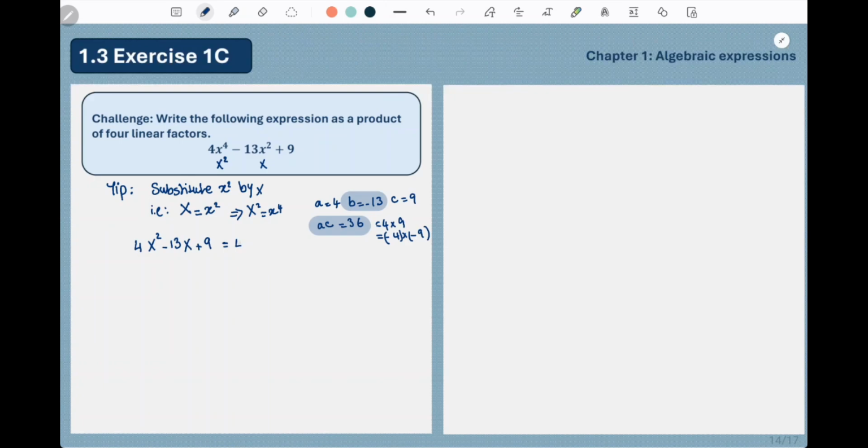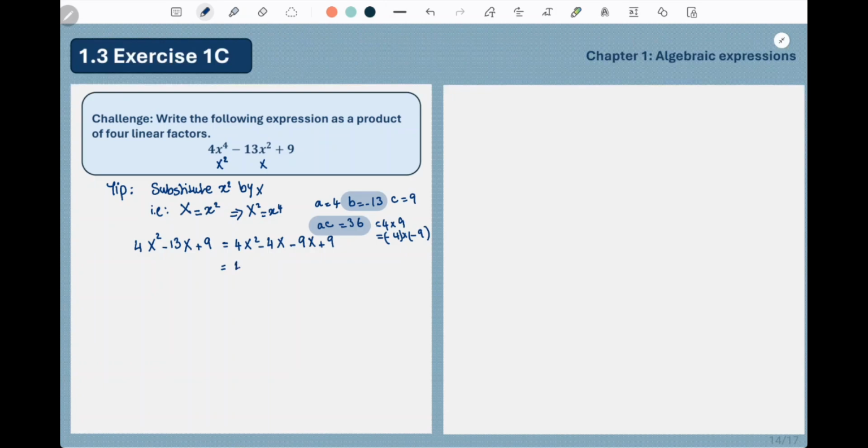So 4X squared minus 4X minus 9X. Again, what I did, I only split it in an efficient way to facilitate factorization.